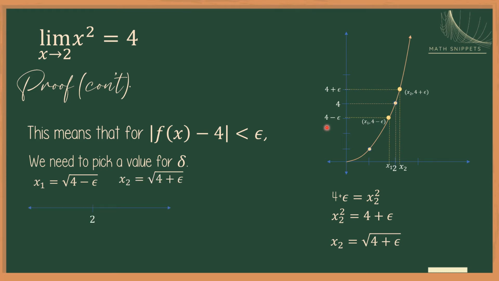So we are reminded of the interval involving delta. For this case, the widest interval that we can have is the interval from x sub 1 to x sub 2.